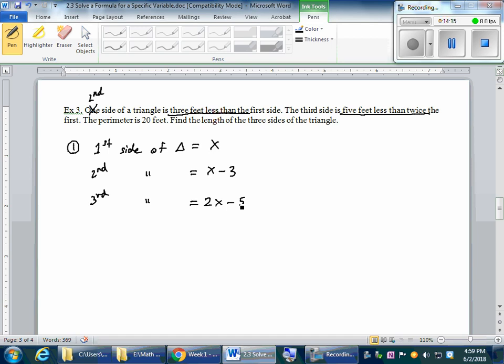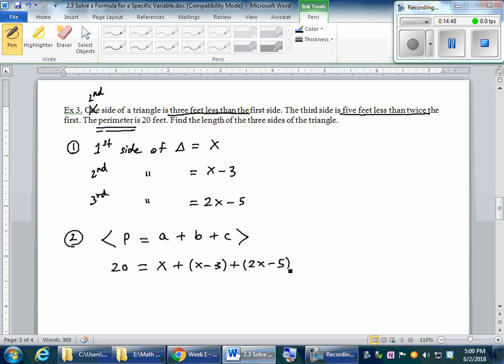Now we're going to pay attention to this word perimeter, because that will help us set up the equation. The perimeter of a triangle is basically adding all the sides, a plus b plus c. In this case, we know the perimeter is 20 feet. My first side is x, my second side is x minus 3, and my third side is 2x minus 5.